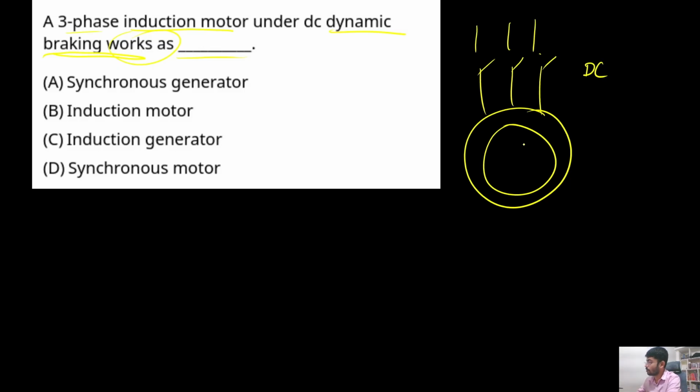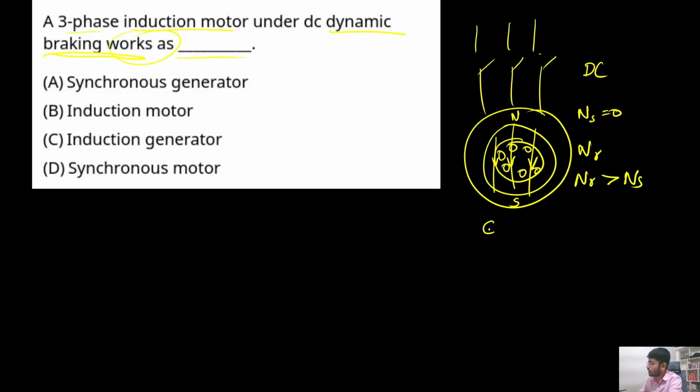So the stator produces a steady and stationary magnetic field. So when the rotor here rotates in this magnetic field, as the speed of the rotor is Nr and the speed of the stator magnetic field now has become 0, so Nr is greater than Ns.